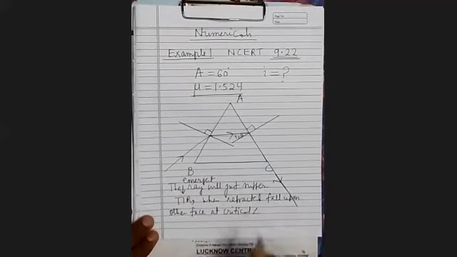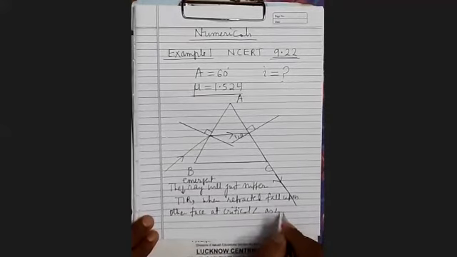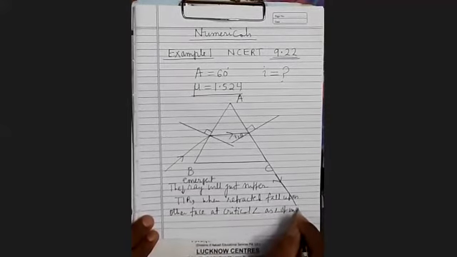We say it is just suffering TIR. It's clear. Critical angle, as angle of incidence, means critical angle, angle of incidence होना चाहिए.